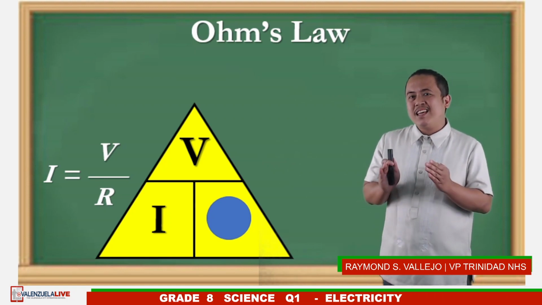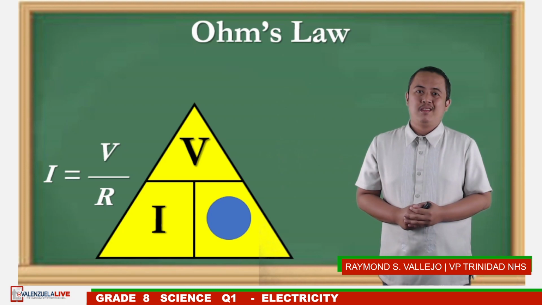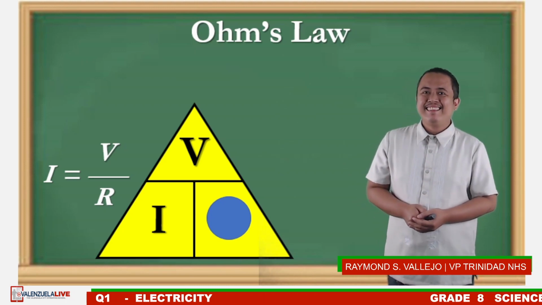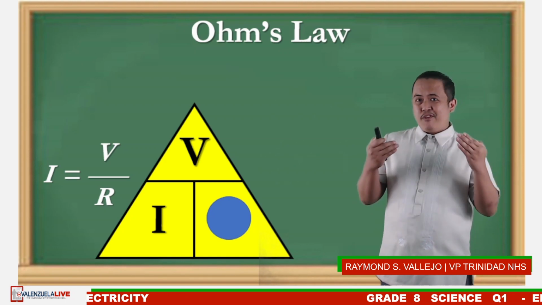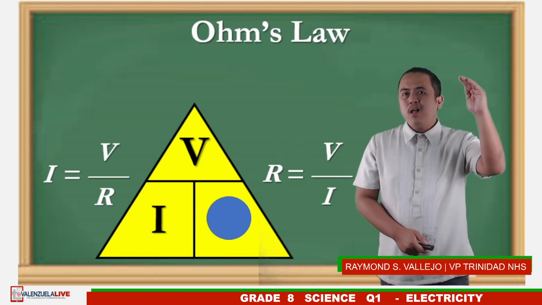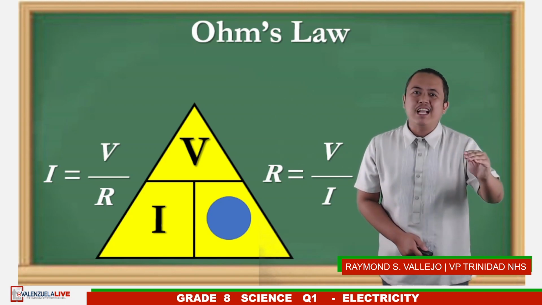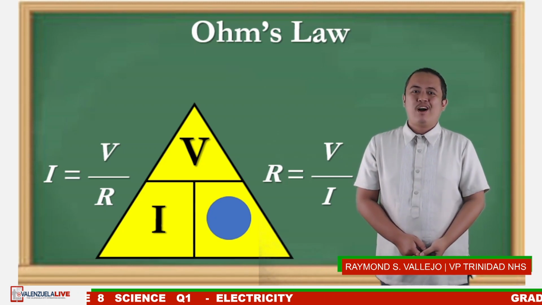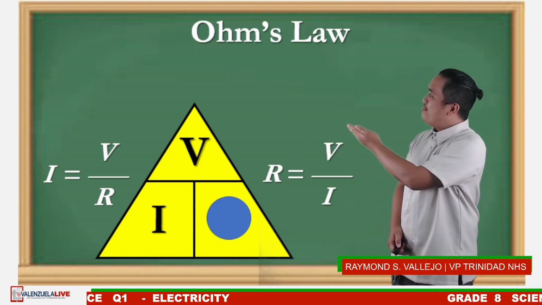Again, resistance is the missing quantity. So, how are you going to compute for electrical resistance? Now, if your answer is resistance is equals to voltage divided by electric current, or V divided by I, you got the correct answer.